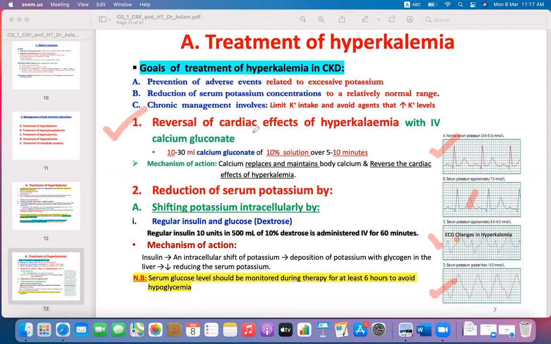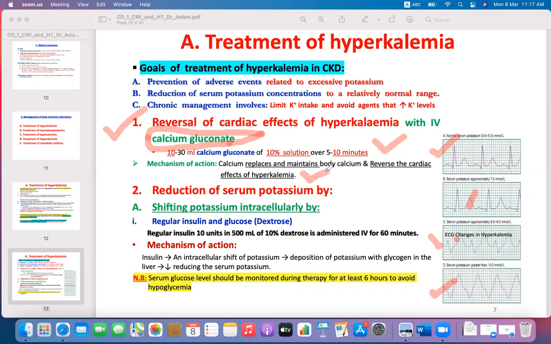For that we need intravenous calcium gluconate, the drug of choice, to reverse the cardiac effect. 10 to 30 ml of 10% calcium gluconate solution over 5 to 10 minutes is used. Mechanism of action: calcium replaces and maintains the body calcium and reverses the cardiac effect of hyperkalemia.